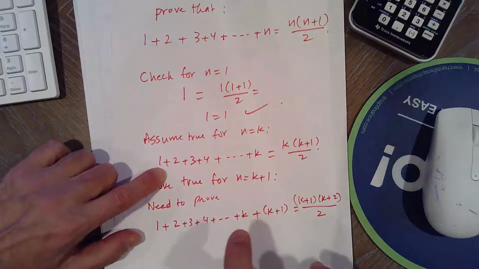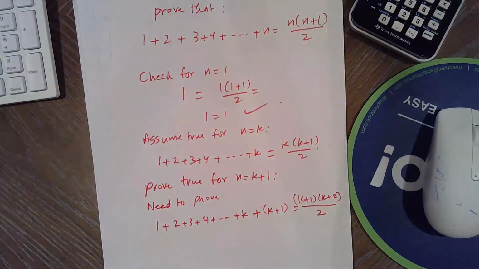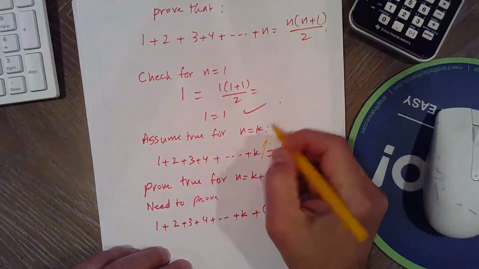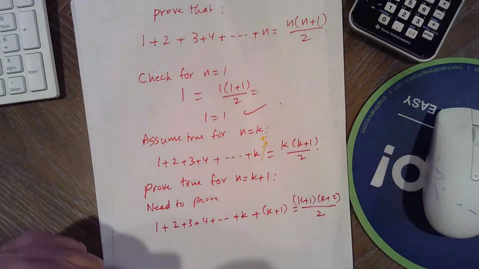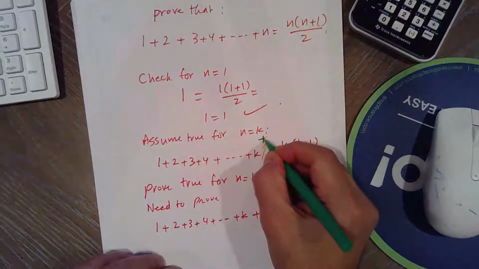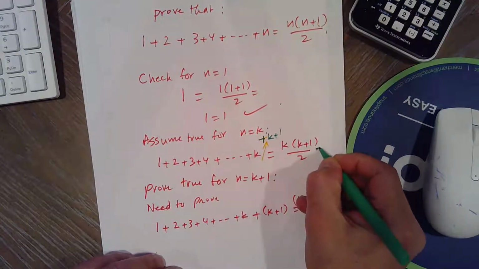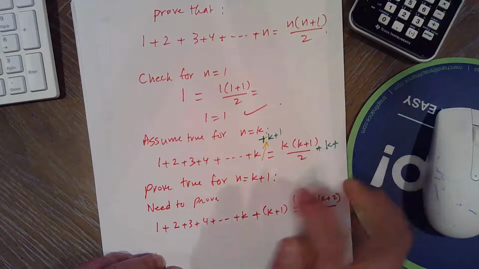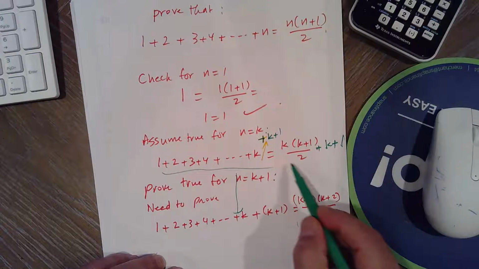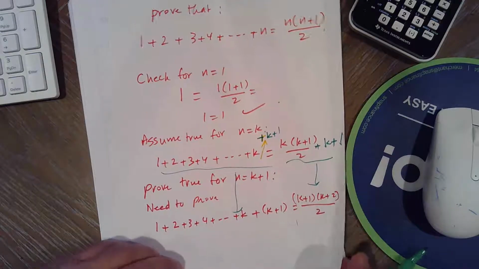So in order to go from here to there, we are going to add k plus 1 here, and then we add k plus 1 there. If this side equals that side, we're done. So let's check.